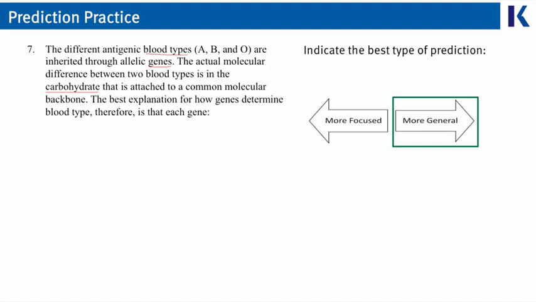So the underlying question here, as it's addressed at the end, is trying to explain how a gene could determine something besides protein and rather account for differences in carbohydrates. We'll be looking for an answer choice that simply links the idea of DNA and genetics to carbohydrates that could exist in or on a cell.